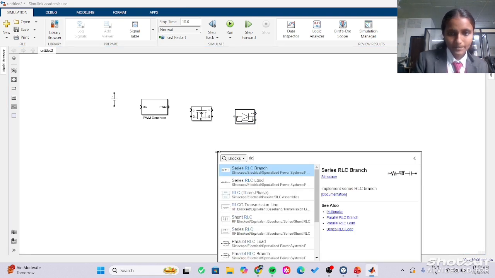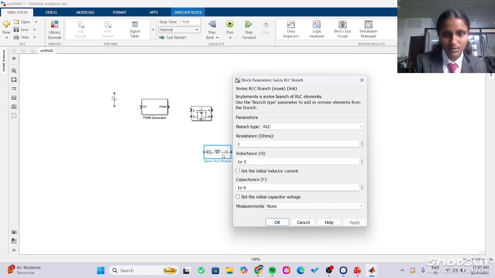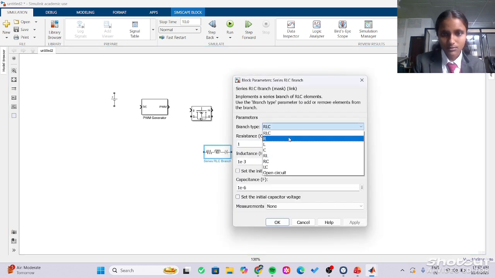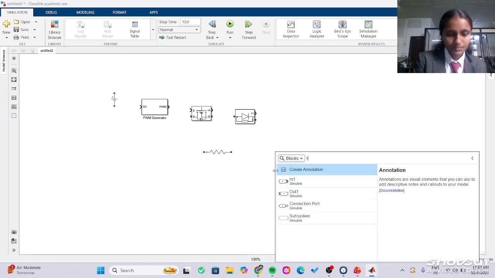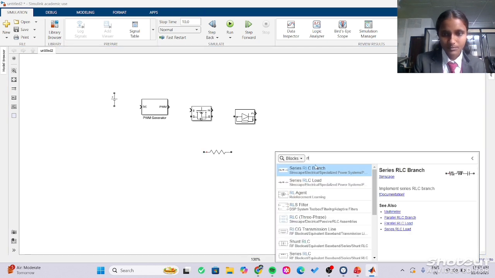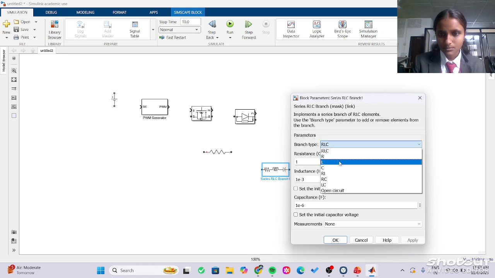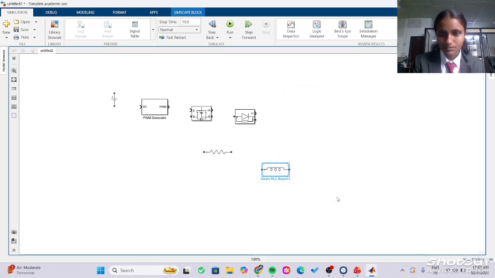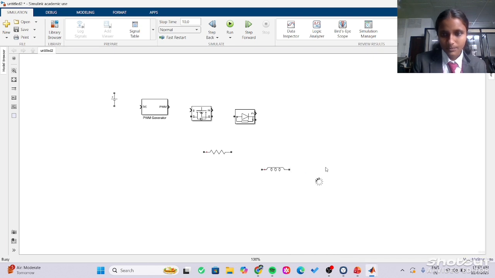This is the series RLC branch. Now I'm taking the first stage, the R load. Again for the inductor, and the last one is the capacitor.